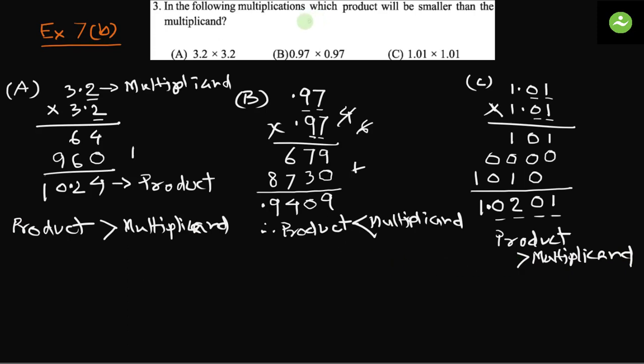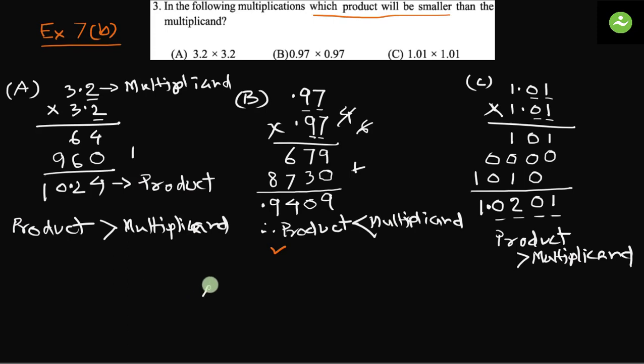So the question was, in the following multiplications, which product will be smaller? Here we can see only in this case the product is smaller than the multiplicand.